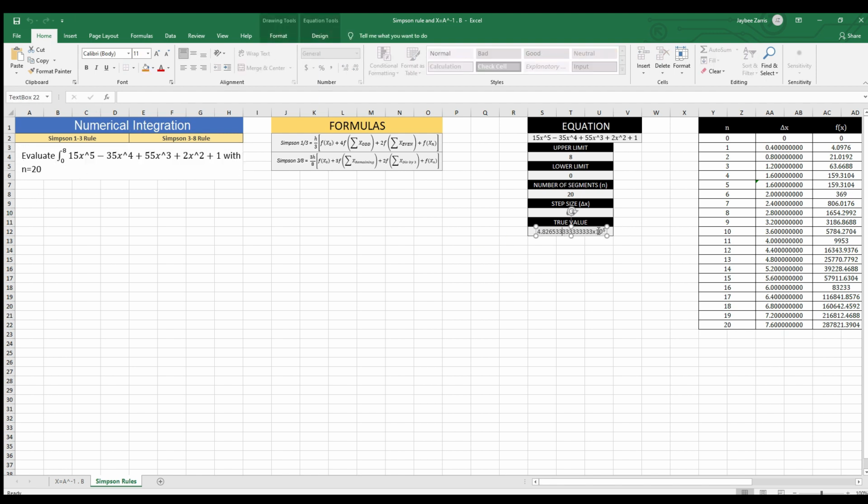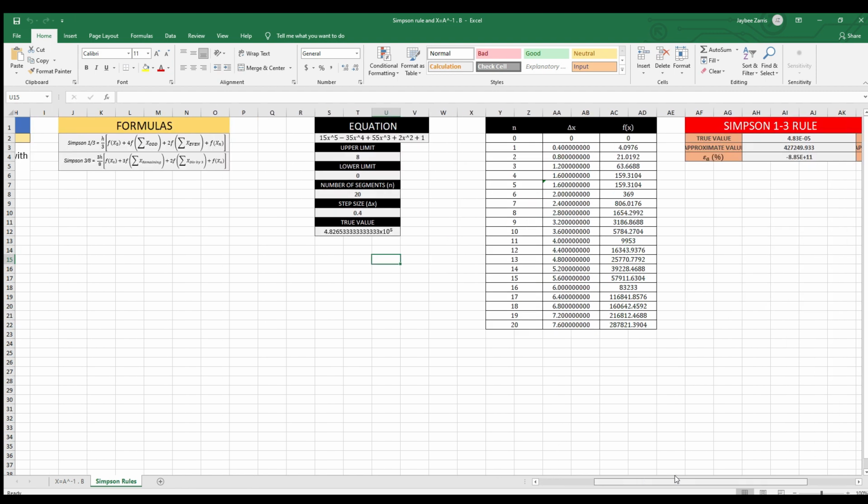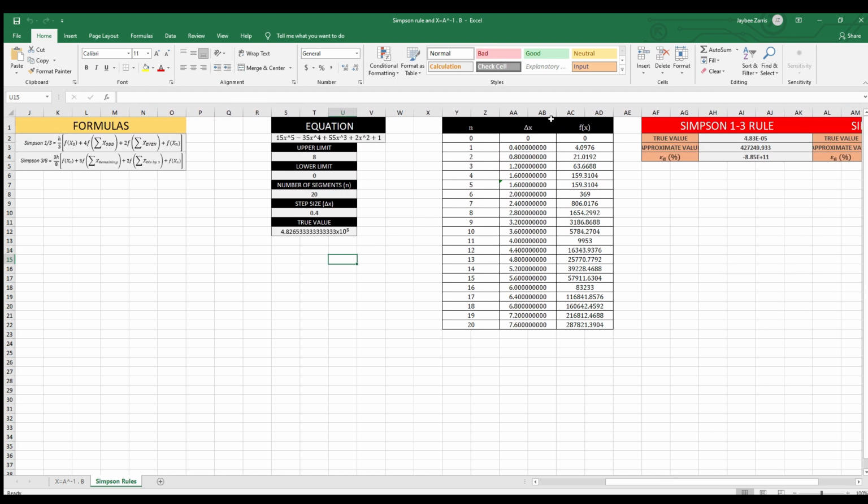Ito ang lalabas. Tapos, ito na yung data naman natin. So n hanggang 20 siya dahil sa number of segments natin, 20 din. So delta x, paano ba natin to isosolve? Sinolve natin to sa pamamagitan ng, sa una, gamitin natin yung A2, which is 0.